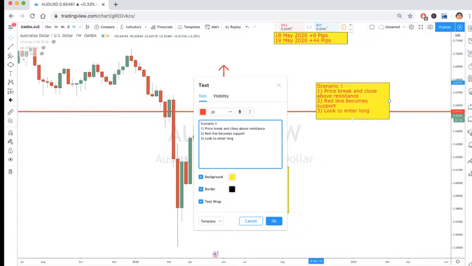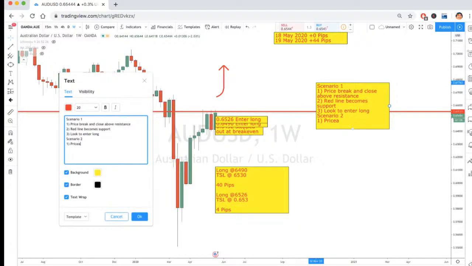Scenario 2, price action shows an engulfing candle bar. Look to short when price closes below 0.6530.